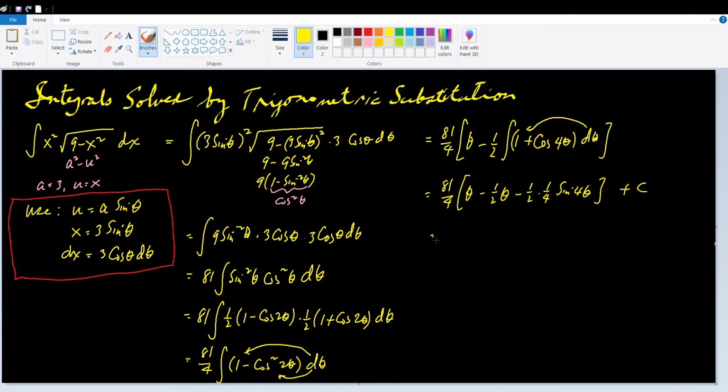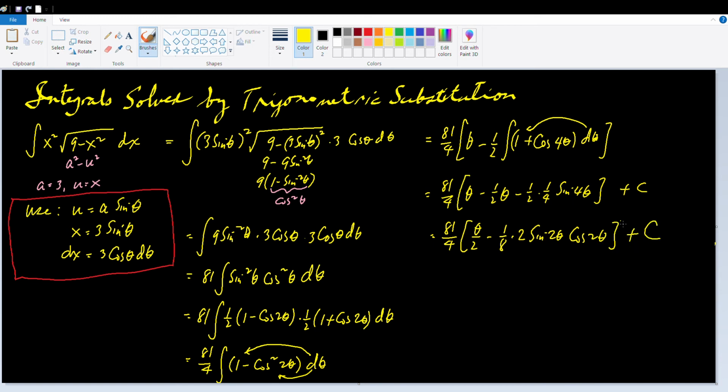So that will be 81 over 4, theta minus 1/2 theta is 1/2 theta, or theta over 2, minus 1/8 sine 4 theta. Sine 4 theta is equivalent to 2 sine 2 theta cosine 2 theta.